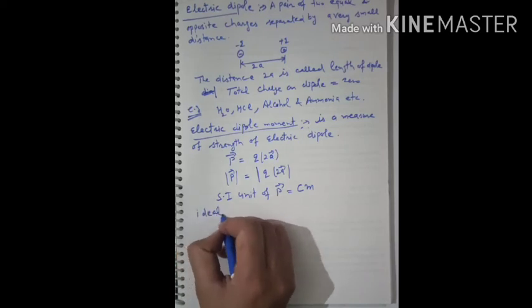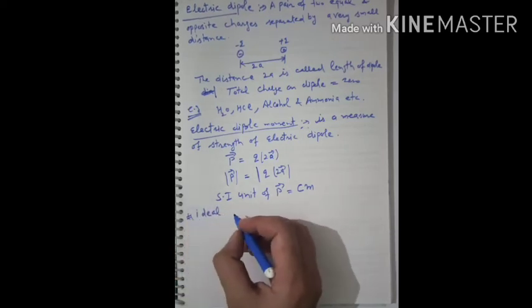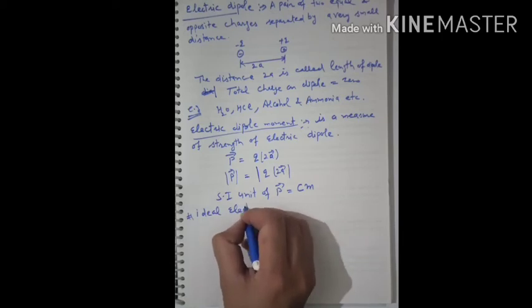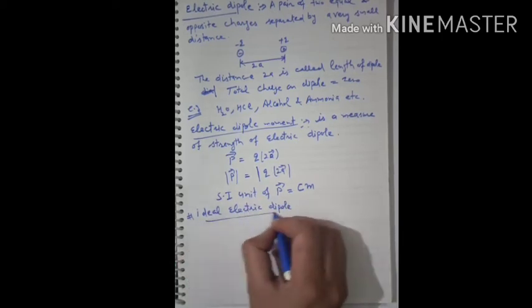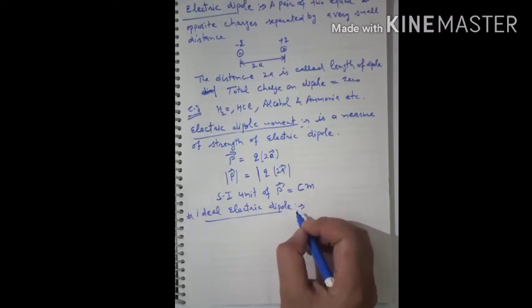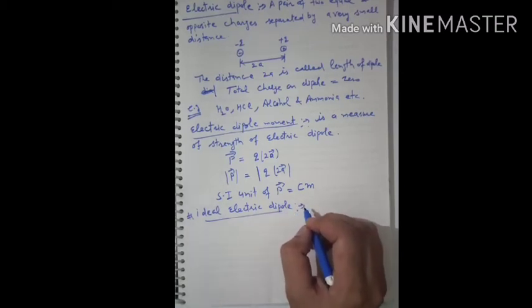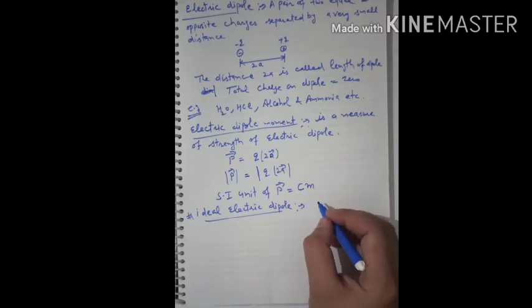Next is the ideal electric dipole. An ideal electric dipole is a dipole having negligible size.